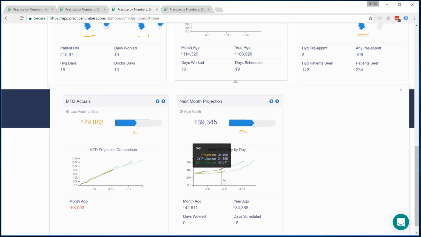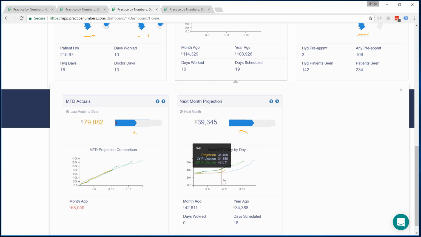Okay, and we want to compare how my previous month's next month was booked and how my previous year's next month was booked. So how was my April 2016 booked? How was my April 2017 booked? And how was my March 2017 booked on the 10th working day or the 9th working day? That's what's highlighted over here.